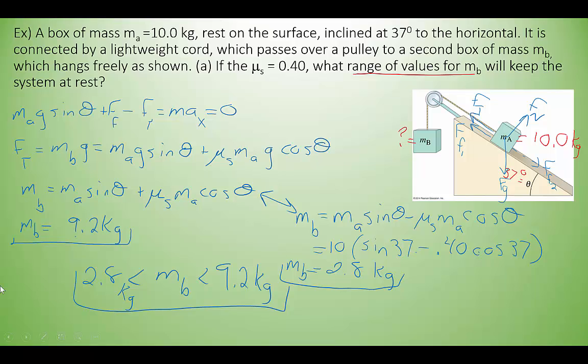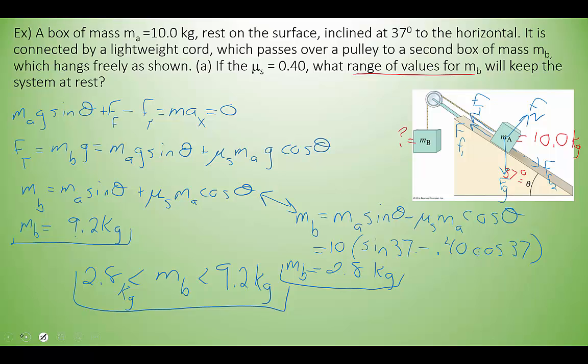So this is what has to be the case when we are trying to keep an object at rest and we know what the static coefficient of friction is. But what happens if we want the object to move and we know that the coefficient of kinetic friction is 0.30, and let's just say for the sake of symmetry that we put MB to be 10 kilograms as well, similar to what we had for MA.